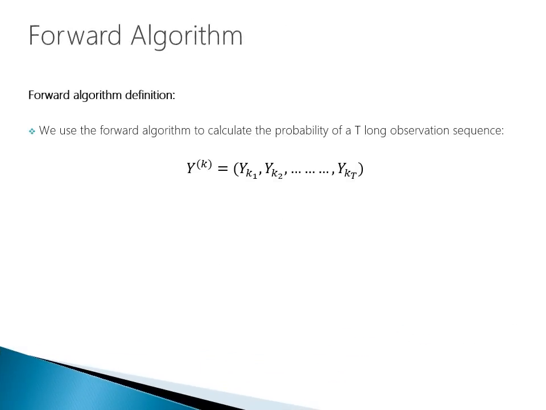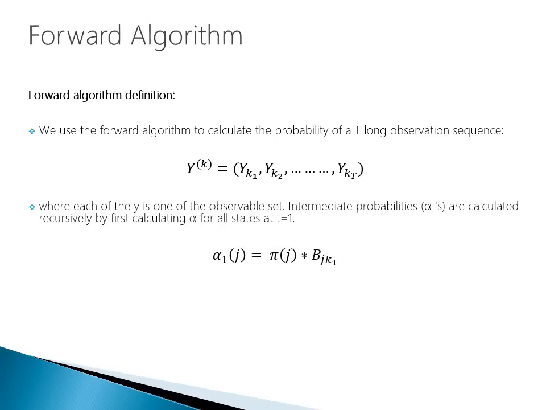Now that we've gone through this, let's go ahead and formally define the forward algorithm. We use the forward algorithm to calculate the probability of a T-long observation sequence. This is our observed sequence here, where each of the y is one of the observable set. Intermediate probabilities, the alphas, are calculated recursively by first calculating alpha for all states at t equals 1.